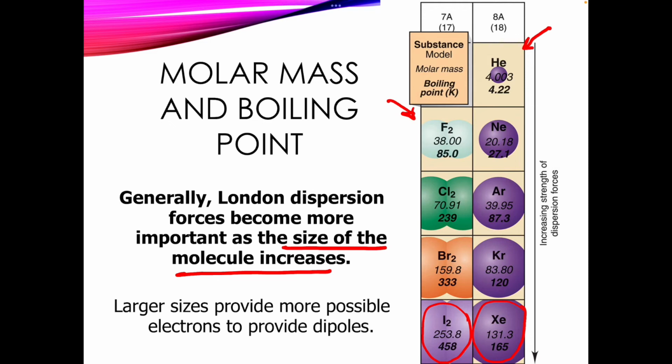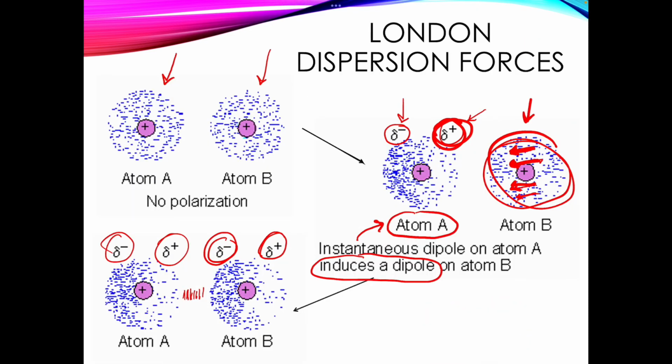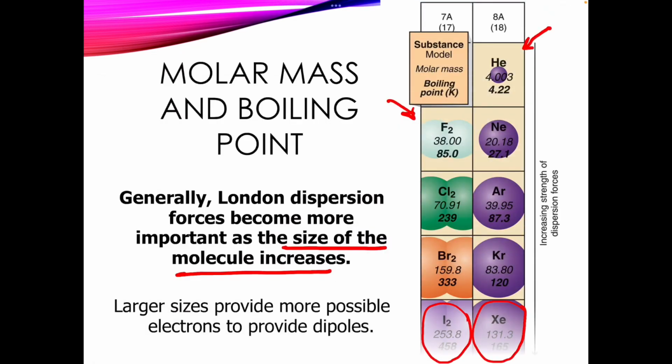The reason for this is that the greater the molar mass, that means it's actually a larger element, right? And all of these dispersion forces have to do with electrons. So the bigger the element, the more electrons it has. And the more electrons it has, the more electrons it's able to shift left and right, like in these pictures. So more electrons means more electrons shifting left and right, which is going to cause greater London dispersion forces.